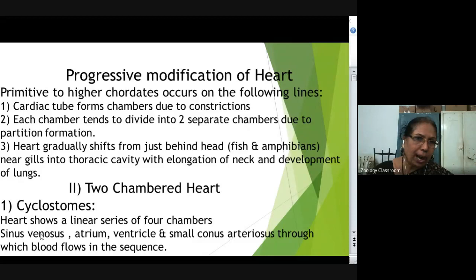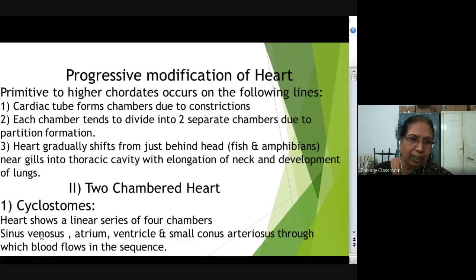Then the 2 chambered heart, for example in primitive chordates or protochordates. In primitive chordates, for example Petromyzon and Myxine, the heart is present in a single line in 4 chambers.